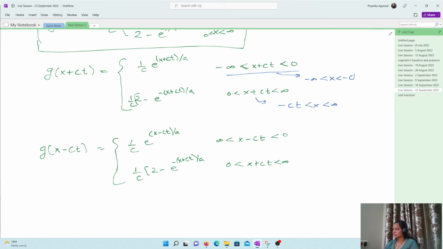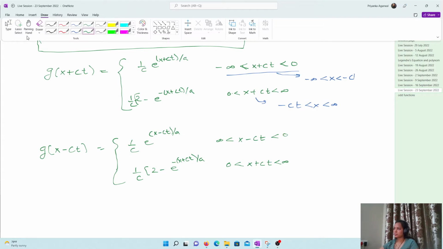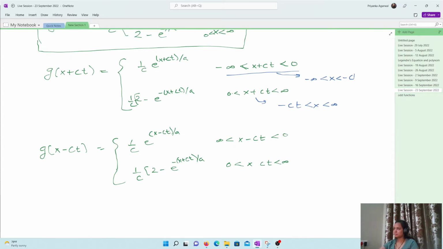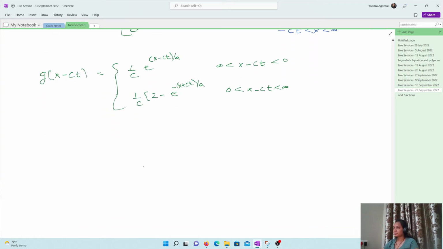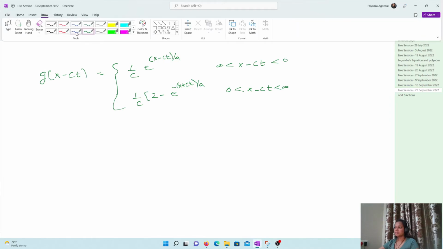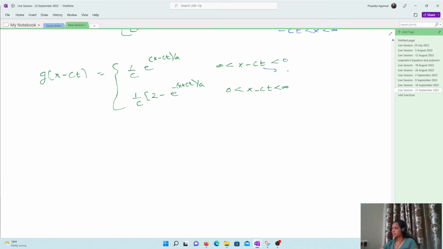So this is x minus ct. Alright. Now, similarly, we can write this as x lies between minus infinity and ct, and in this case, x lies between ct and infinity.